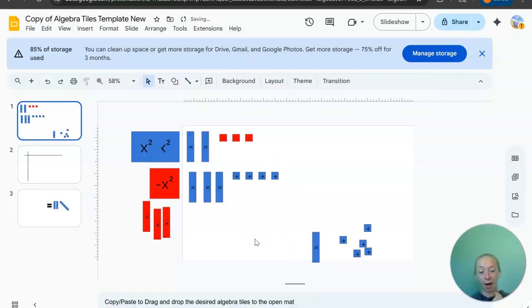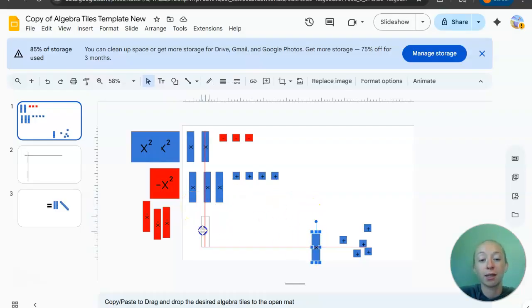Okay, so now we have to distribute again. So 2x times 3x is what? 2 times 3 is 6. Let's put our final answer down here.